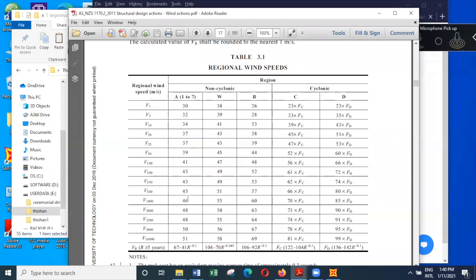So automatically you will get a higher force. So when you take the ratio of V1000 and V50, you will find the net effect will be something like 1.5.